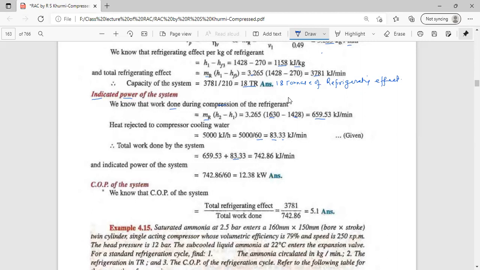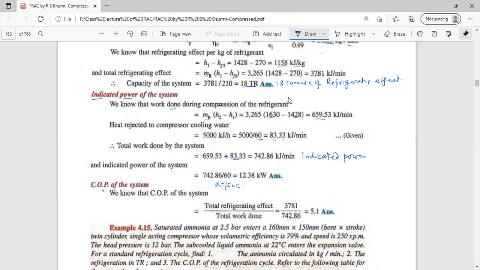So this is our indicated power itself. As indicated power is supposed to be represented in terms of kilowatt, if I divide this by 60, then it will become 12.38 kilowatt or kilojoule per second itself.